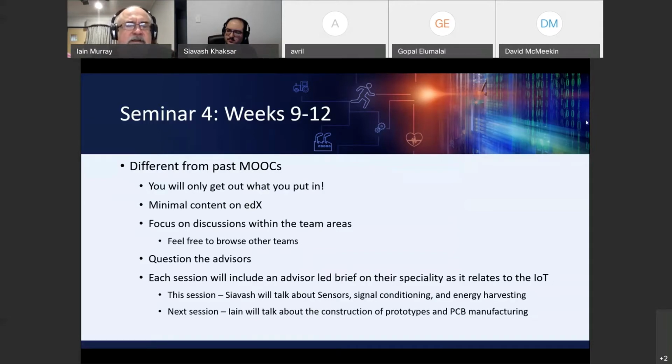Focus on the discussions within the team areas. Contact us by email if you have an issue or would just like to chat about something, and ask questions of the advisor. This is really what the MOOC is about. It's getting access to expertise that may not be in your own area. So that could be us on the faculty, or it could be your teammates.